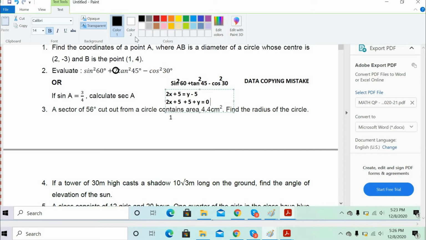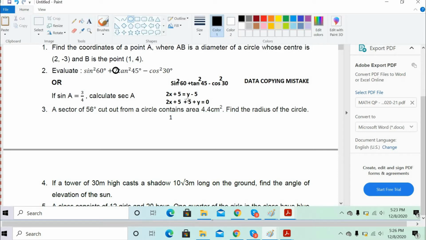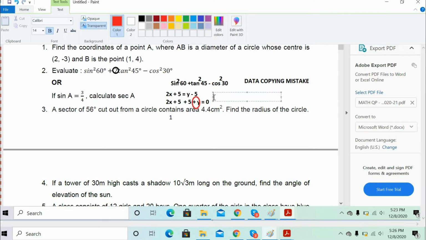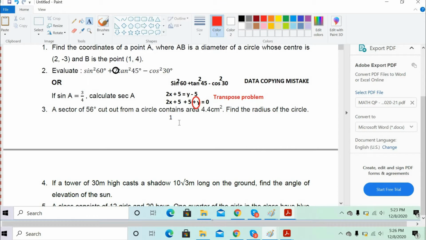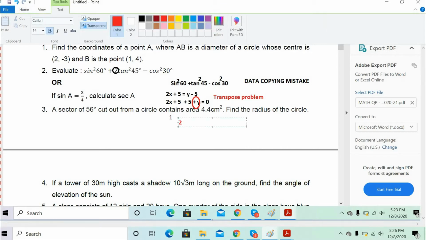So what did I do here? I made a data transpose problem right here. This kind of mistake is called the transpose problem. This can happen in division also. Let's understand the division. Most of the time I have seen 2x plus y equals 35.